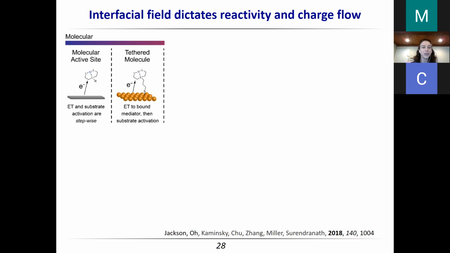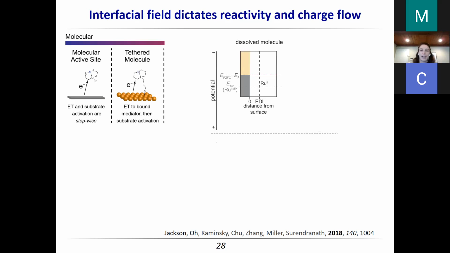So for the molecule, or you could imagine a molecule that's tethered through an insulating linkage, let's go back to these diagrams we had earlier where we're applying potentials and moving the energy of electrons in electrodes up and down. So here, on the left here, I'm showing the electrode in the Fermi level. So this gray are filled band states, this tan are unfilled band states.